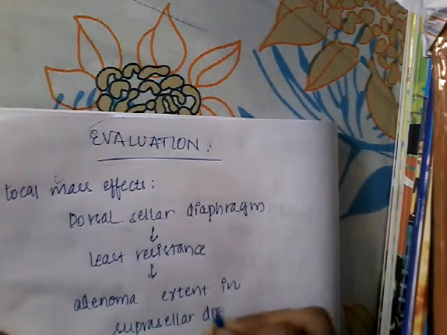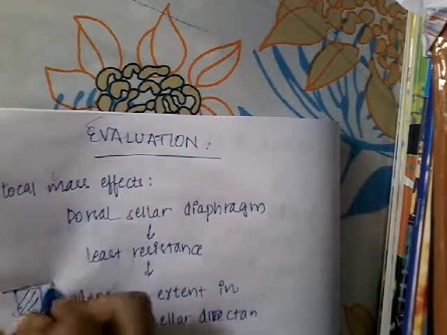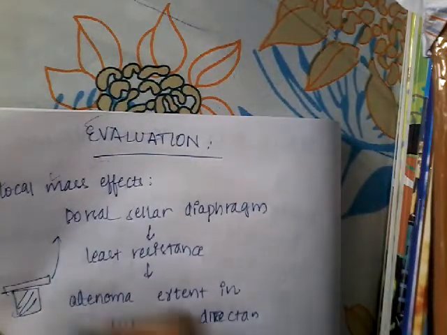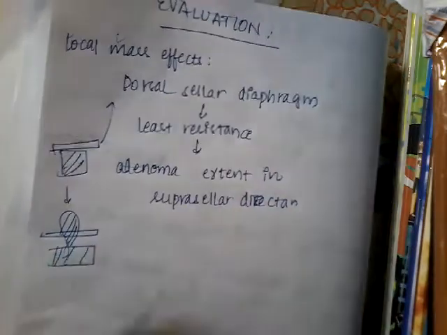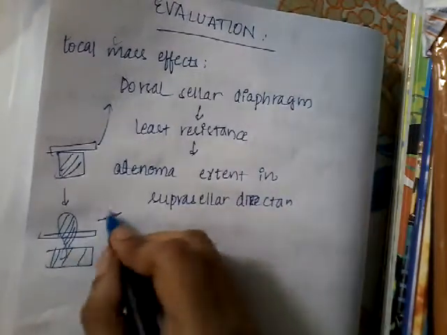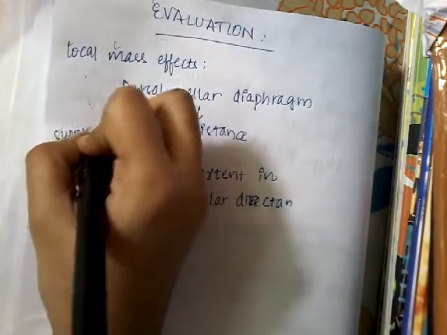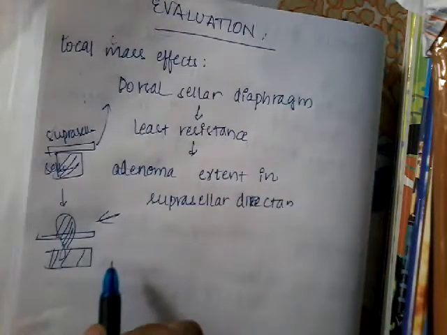So they extend above. So this is the sella and this is the diaphragm. Because of least resistance, there is extension of this tumor upwards. So they extend into the suprasellar region. This is suprasellar. This is sella turcica. Okay. So this is what generally happens.